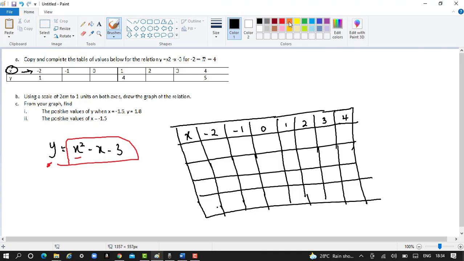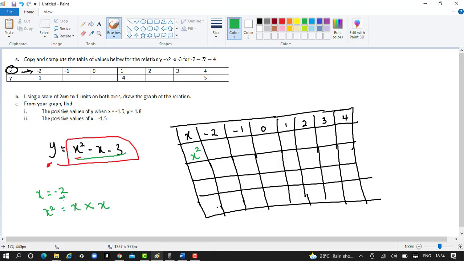So we are going to pick a different color, so that the first one is to put this particular equation in our work. So we start with our x squared. With the x squared, it means that if our x is equal to -2, x squared means x times x.